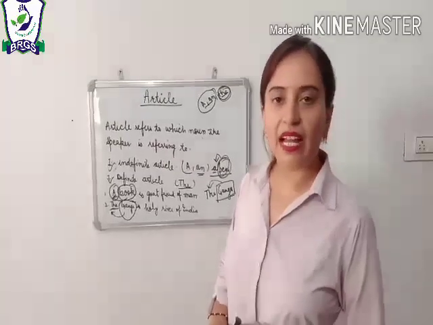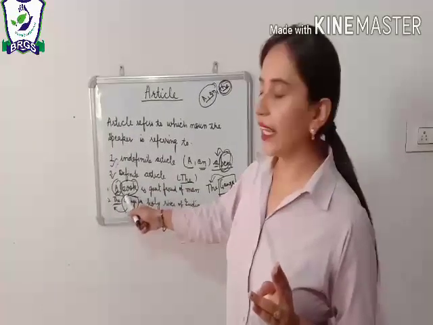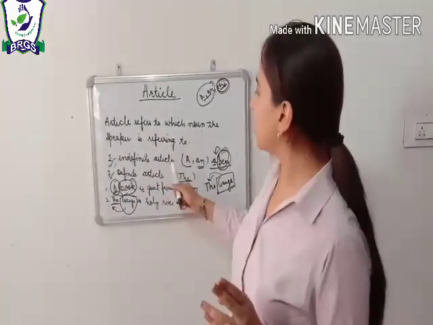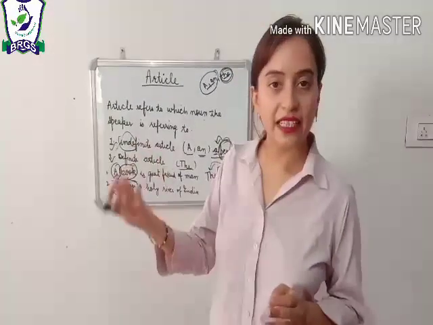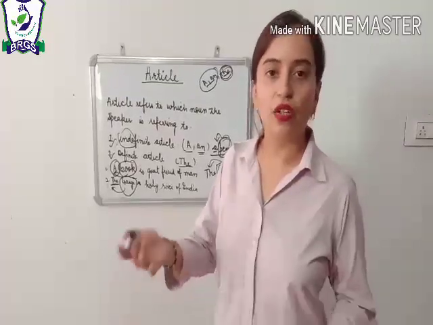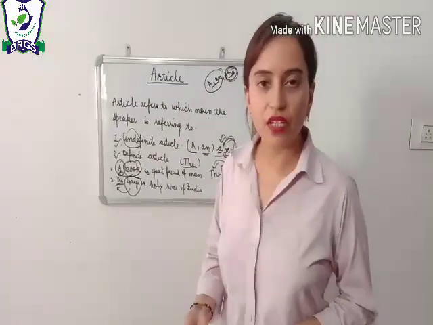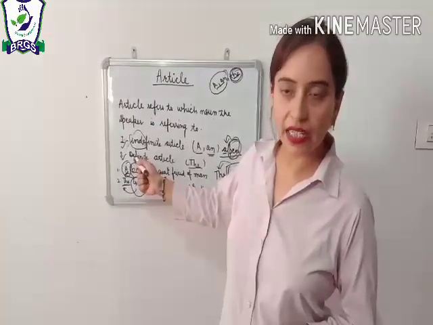Understood? We have two aspects of seeing these articles, a and an, and the.